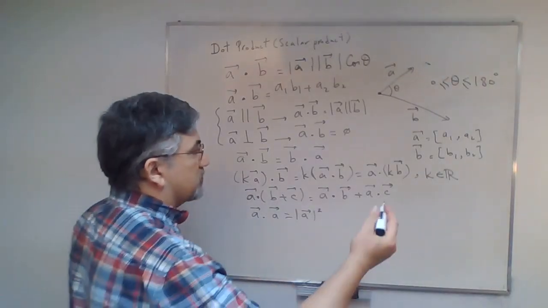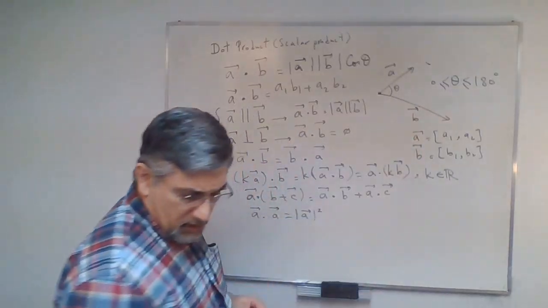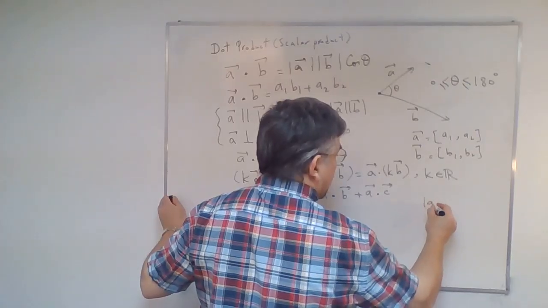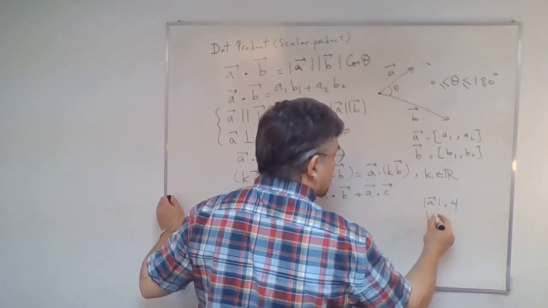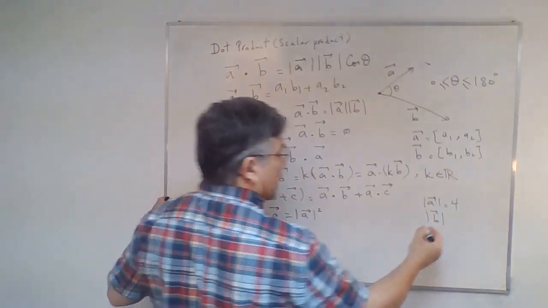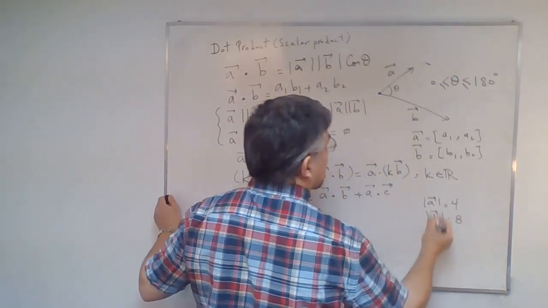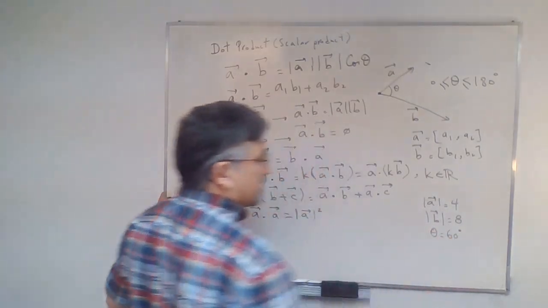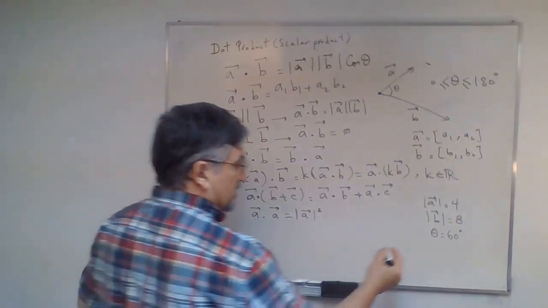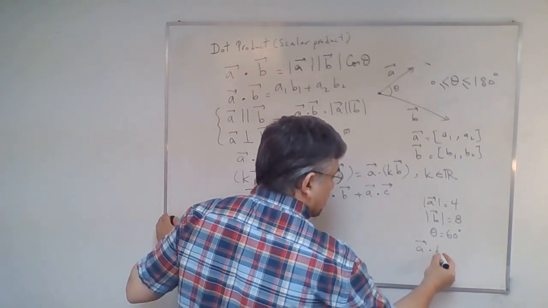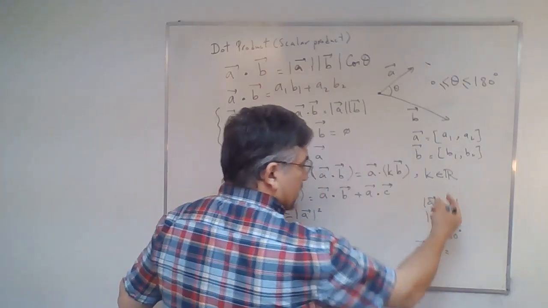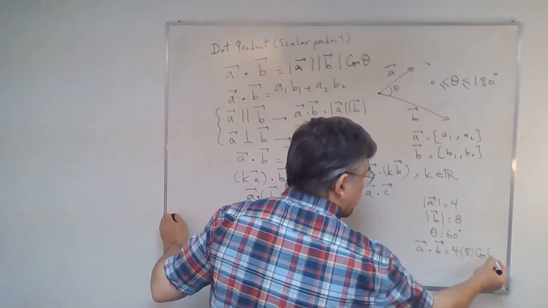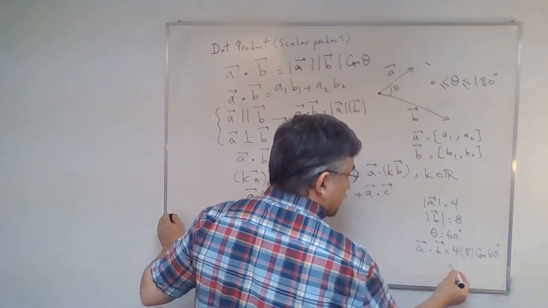So just to give you an example, if the magnitude of vector A is 4 units and the magnitude of B is 8 units, and the two make an angle of 60 degrees with respect to one another, then A dot B would be the magnitude of the first, which is 4, times 8, times cosine of 60 degrees.